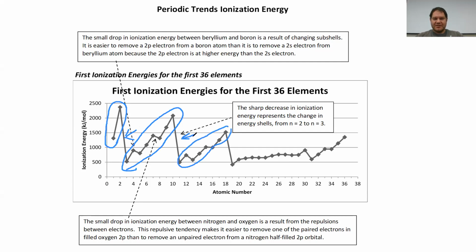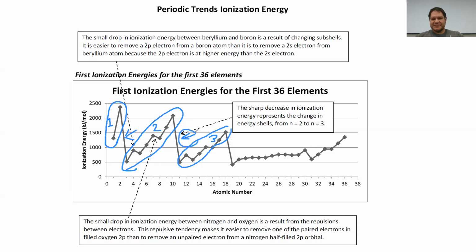Now, why are these drops there? Well, it's because we're moving from one electron shell to the next. Essentially, this is representing the electrons that are the closest to the nucleus, or the first electron shell. And this would be representing the second electron shell and the third electron shell.